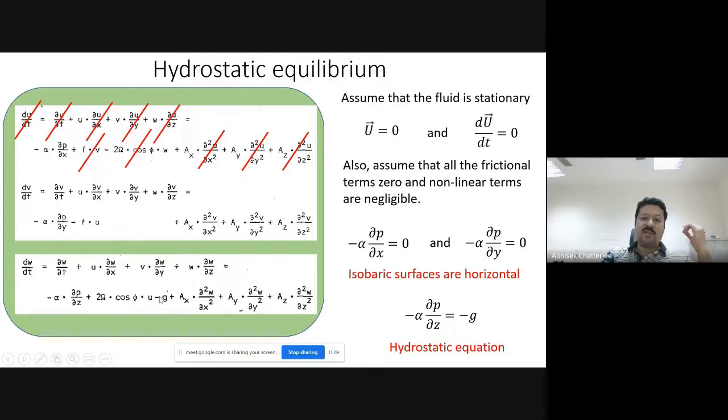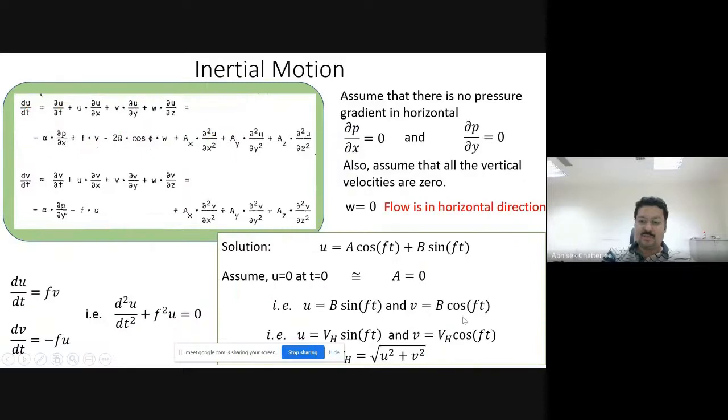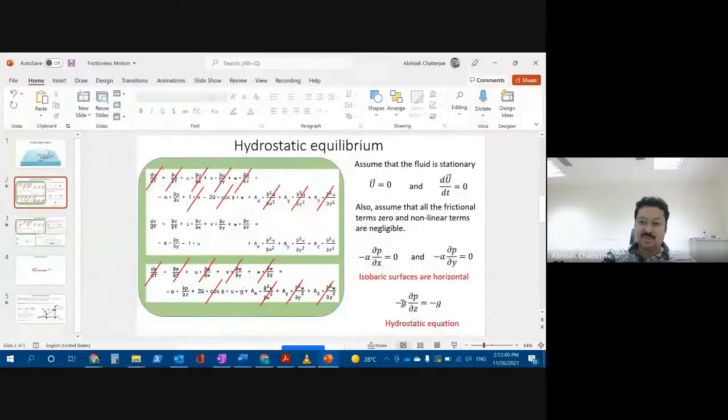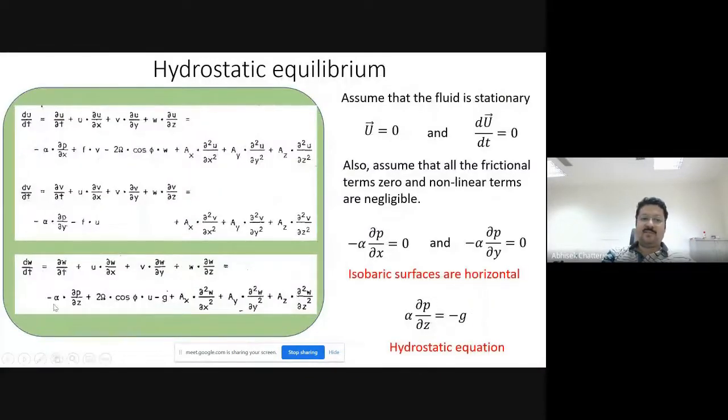What happens here? This equation will also reduce to this one, minus alpha del P del Z equals minus G. Okay, there is a mistake here, it should be this, because it is minus alpha del P del Z and this is minus G on the same side, right?